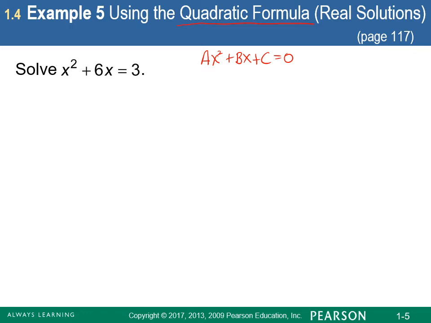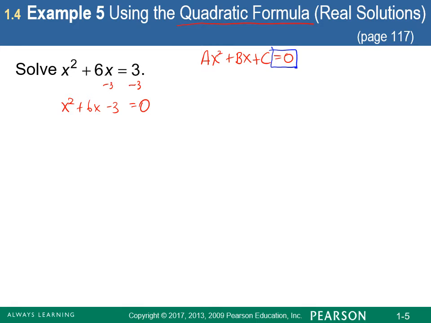And the first order of business is always to make the right-hand side say 0, which means for the problem that we have, we begin by subtracting 3 from both sides. So we've got x squared plus 6x minus 3 equals 0. So you've got to have the equal 0 before you can even apply the quadratic formula.